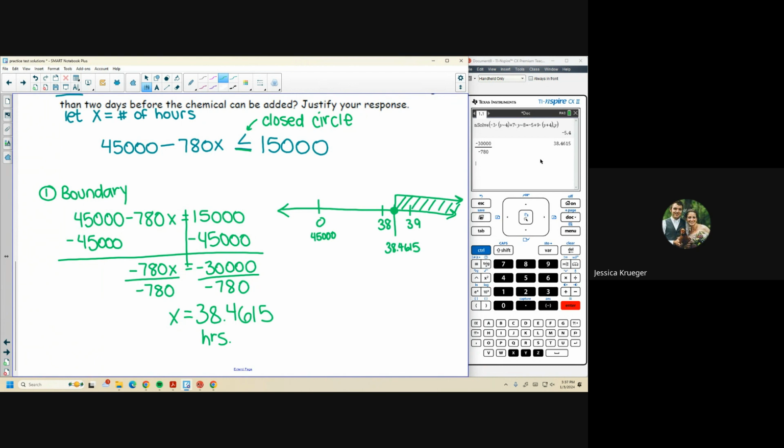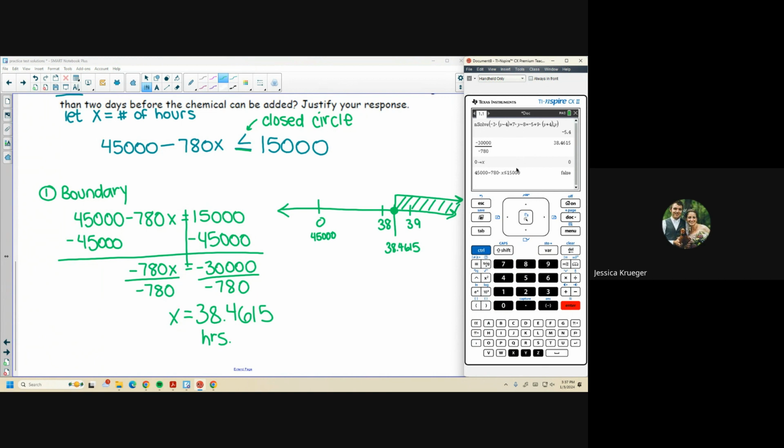Now, just to double check this, let's say I take 0, and I store it as X. So now I'm going to type in my original inequality. 45,000 minus 780X needs to be less than or equal to 15,000. What I get is that it's false.